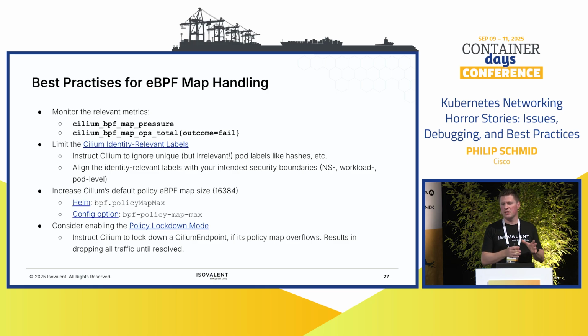That's done through a configuration called Cilium identity relevant labels. For example, it doesn't make sense at all for Cilium to care about pod-specific labels if your intent is to do network policy enforcement at the namespace level. Cilium itself only needs to know the namespaces. It doesn't need to care about the pods within those namespaces. So you can get rid of quite a lot of different entities.